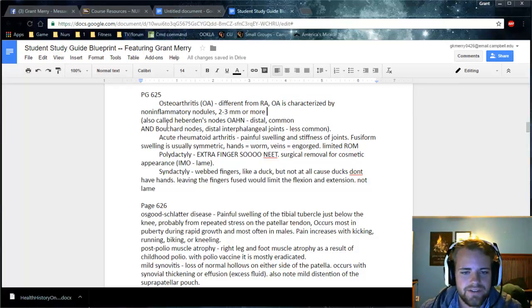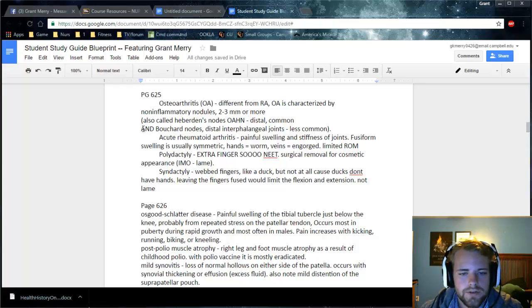They're little bumps on your finger, page 625 if you need the visual. They're also called Heberden's nodes. Osteoarthritis, Heberden's nodes. OAHN. If you need a mnemonic.